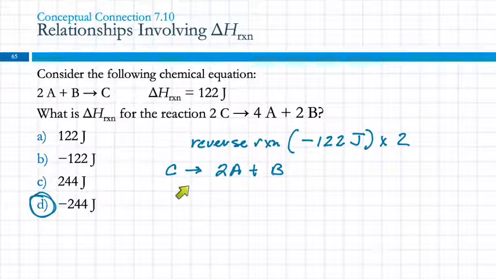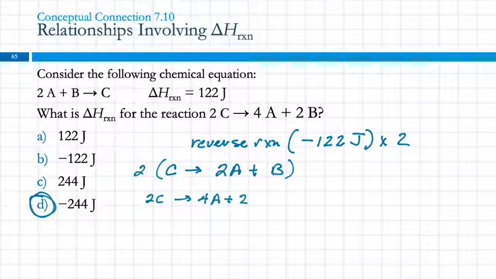And then I'm looking at this and saying, well, this doesn't match up exactly with that. This is multiplied by 2, right? We got 2 times the whole thing. So we got 2C going to 4A plus 2B. Twice as much stuff reacting, so twice as much energy change. Okay? Any other questions?